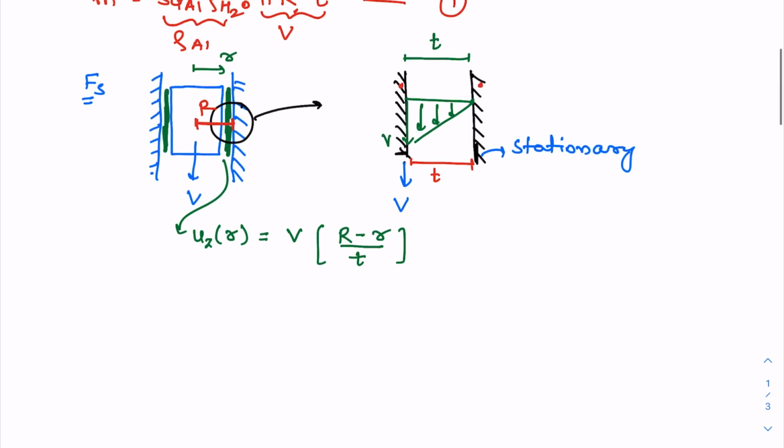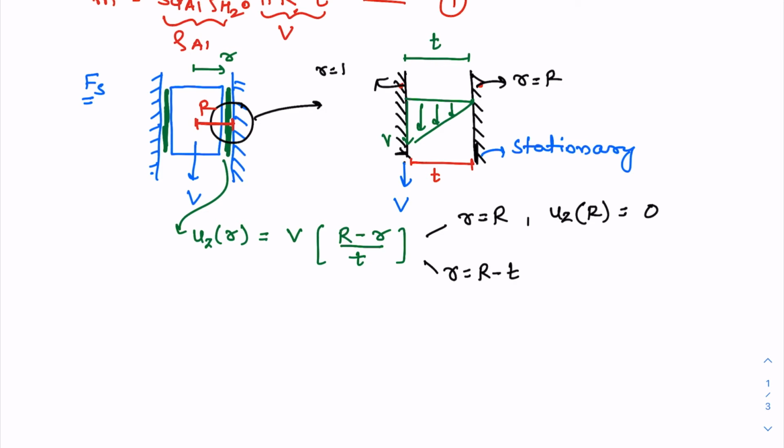Just to verify, if we substitute r equal to capital R, this gives us the outer steel tube, and the velocity here is zero because of the no slip boundary condition. Similarly, if I substitute r equal to capital R minus t, which gives me the piston surface, then I recover uz at R minus t to be equal to capital V. This velocity profile follows the no slip boundary condition.